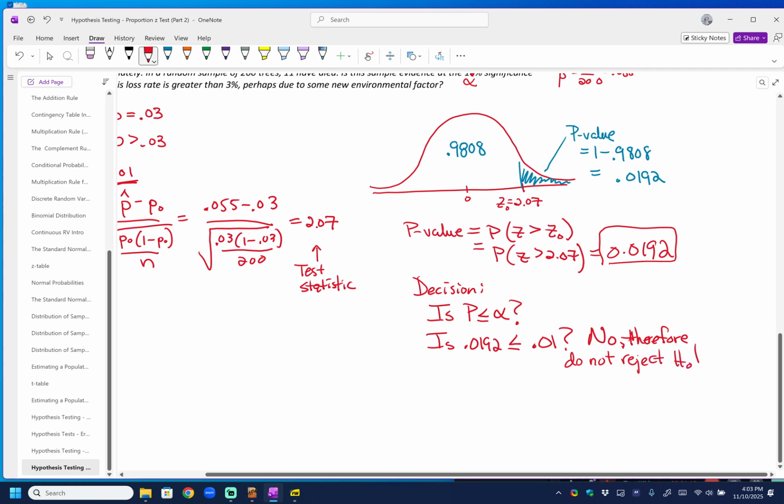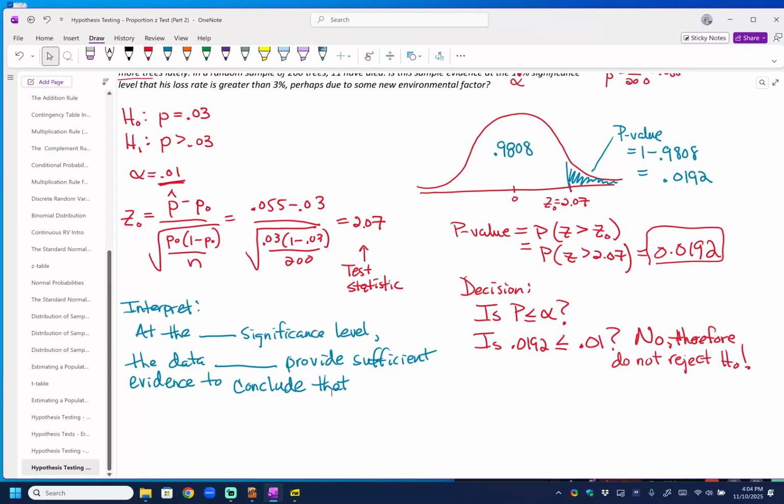Okay, I wrote some of this down already for our interpret step. We would say at the 1% significance level, remember I changed that, the data does or does not provide. Well, if we do not reject H naught, then it does not provide sufficient evidence to conclude that, and then we have to restate the alternative hypothesis in words.